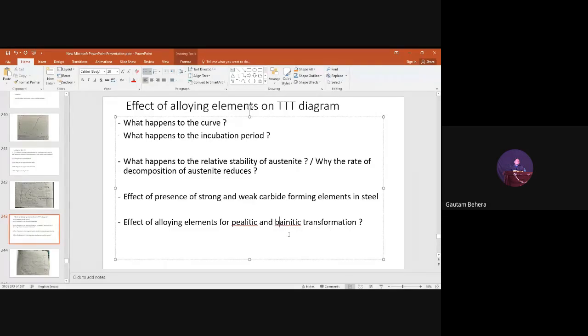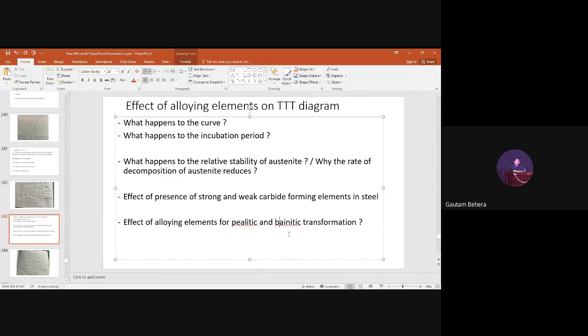We understand pearlitic transformation is a completely diffusion-based transformation. In this transformation, the iron atoms and substitutional atoms have to diffuse as well as the carbon atom, right? But in bainitic transformation, only the carbon atom has to diffuse. There will be no diffusion of iron atoms or substitutional alloying elements.